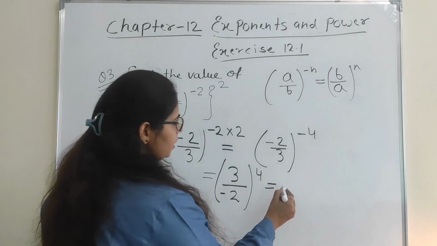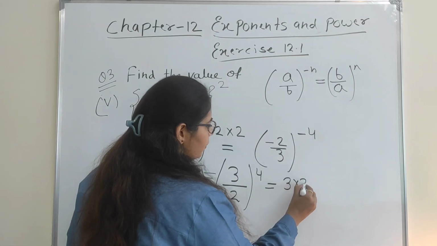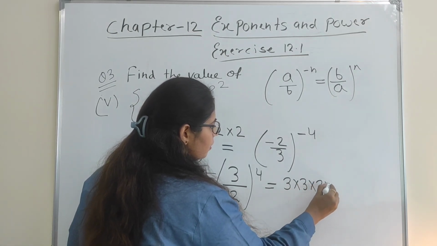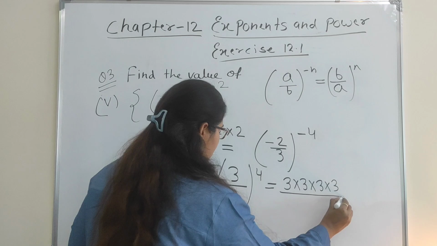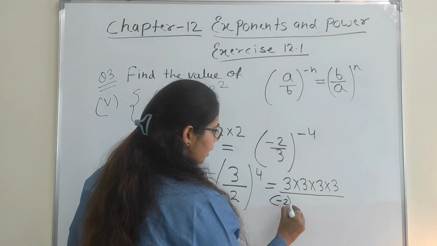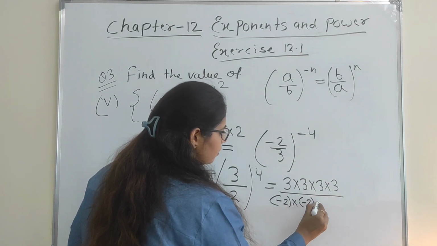Okay, it means 3 is multiplied 4 times and negative 2 is also multiplied 4 times.